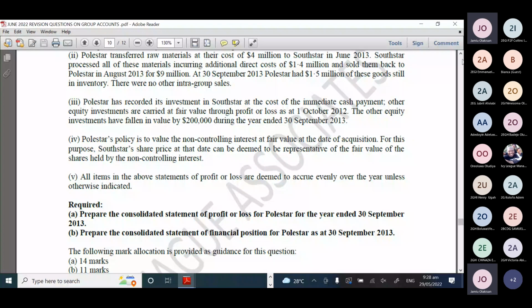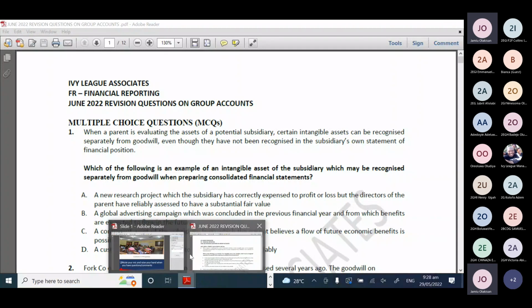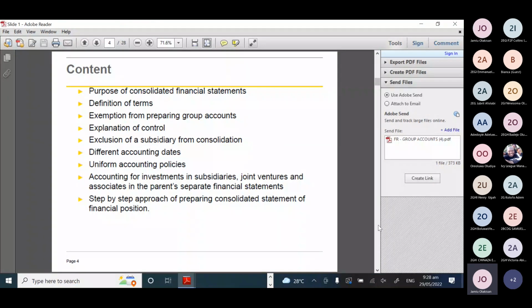So we started group accounts, if you recollect, by looking at some definitions of important terminologies. Thereafter, we looked at exemption from preparing group accounts. Under what circumstances are you exempted from preparing consolidated financial statements?